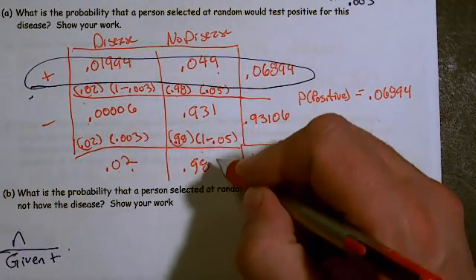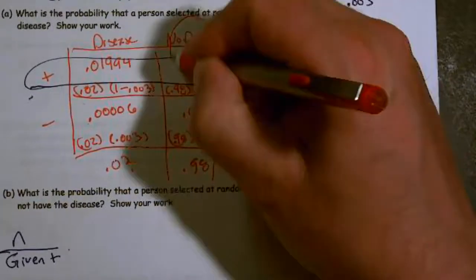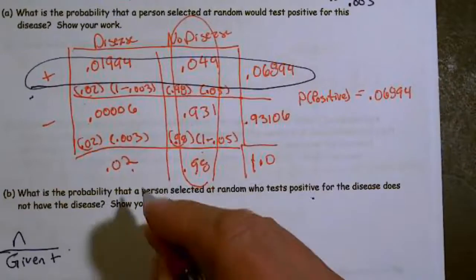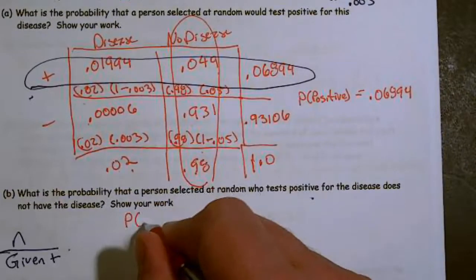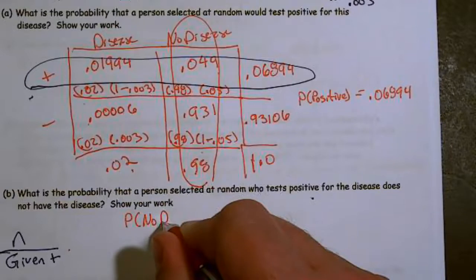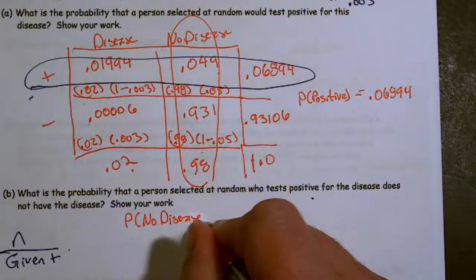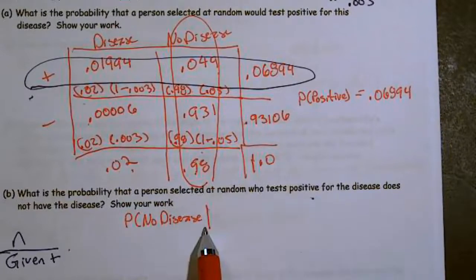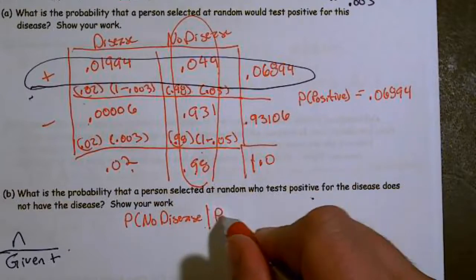So what we're looking for is the probability of no disease given, that line means given, that they test positive.